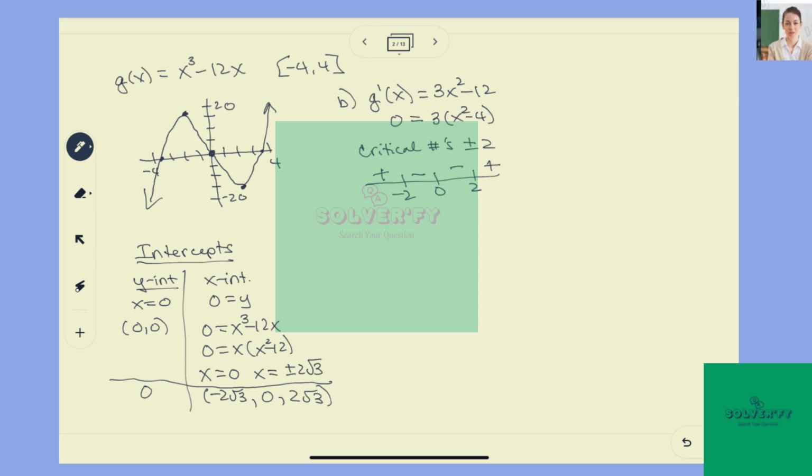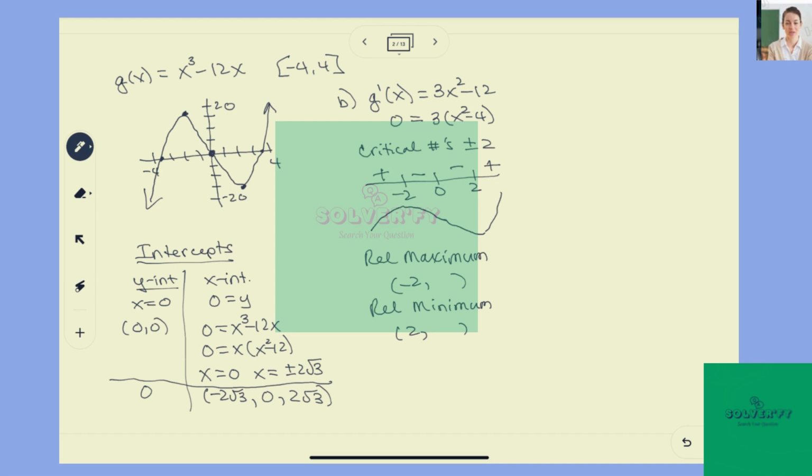So that means my graph is going to be going up, then it's going to come down, and then it's going to go up. So I know that I'm going to have a relative maximum at -2 and a relative minimum at +2.